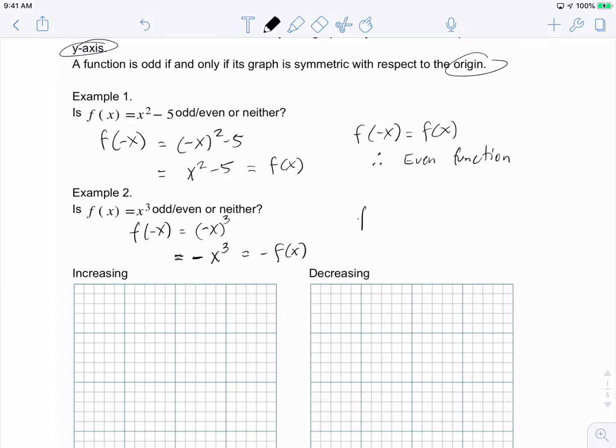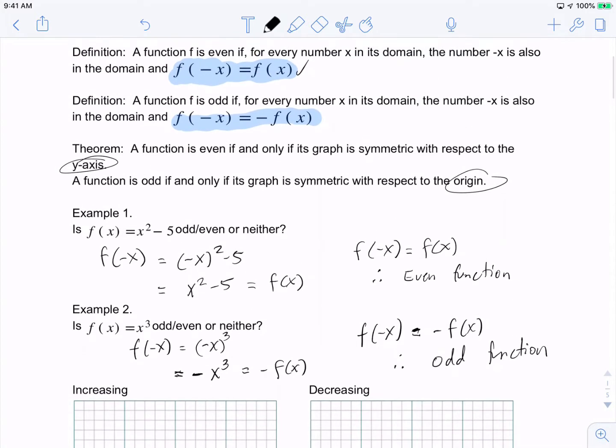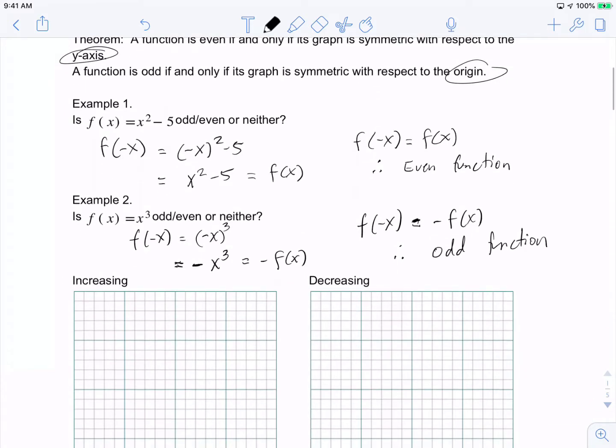That shows f of negative x is equal to negative f of x, and that therefore demonstrates that this is an odd function. We can see that from this definition here. That's how we demonstrate odd and even functions.